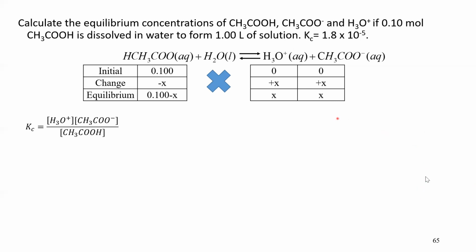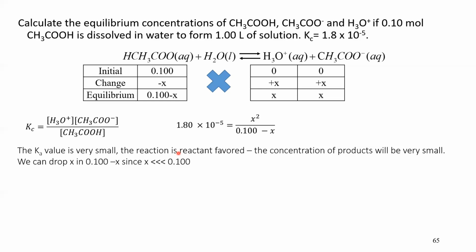These are all ones. So what do we know? Well, we know K. So we're going to plug in 1.8 times 10 to the minus 5 for K. This is X, and this is 0.100 minus X. If we look, that's going to end up being a quadratic again.